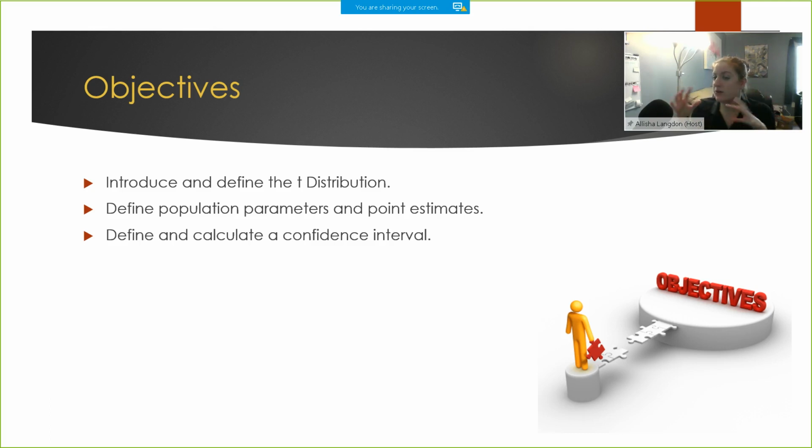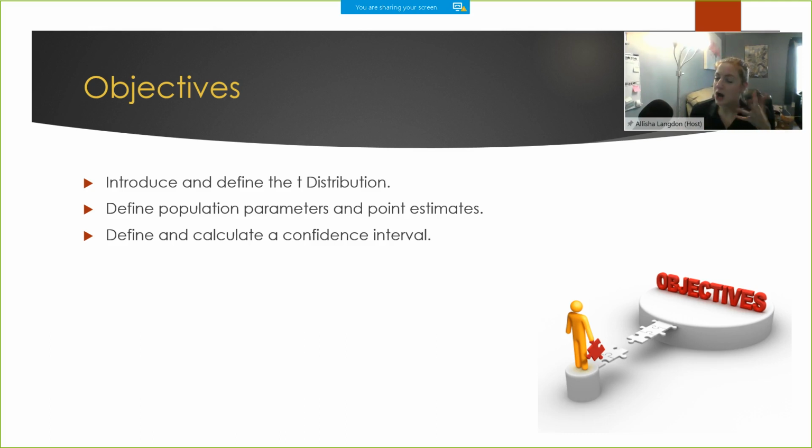We also found your z-values, so on that number line where the z-value is. Well, we're going to keep those ideas. We're just going to use a different distribution, which looks very similar, called the t distribution. So don't freak out; it's very similar to the normal distribution, okay? And we're going to use the same concepts as last week.